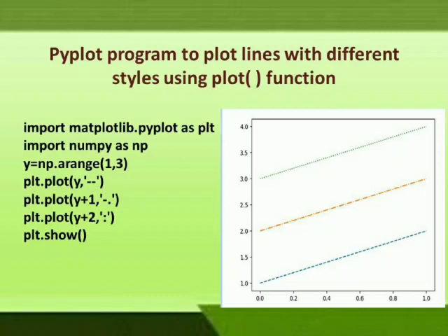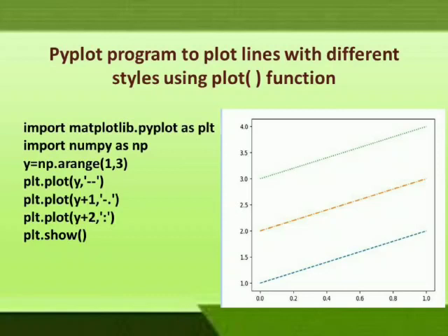In the next statement, we are writing plt.plot y plus 1 comma dash dot, means hyphen dot. Here you can see in this graph, the second line, the style is different, hyphen dot or dash dot. This is the style.